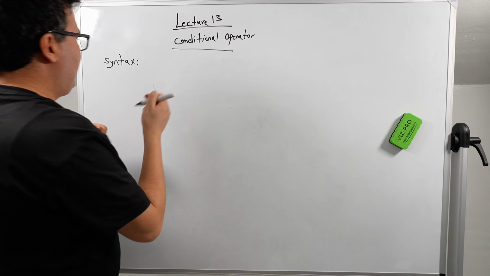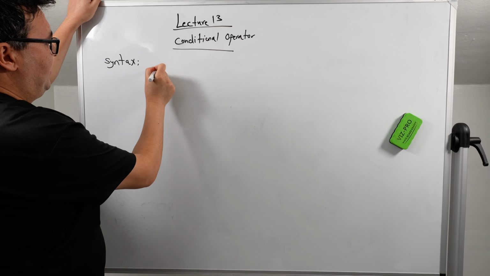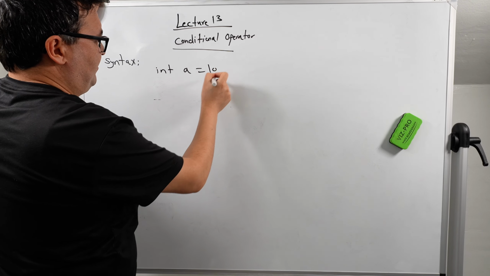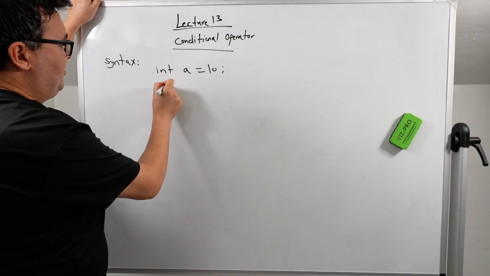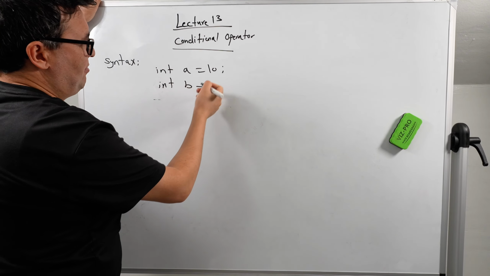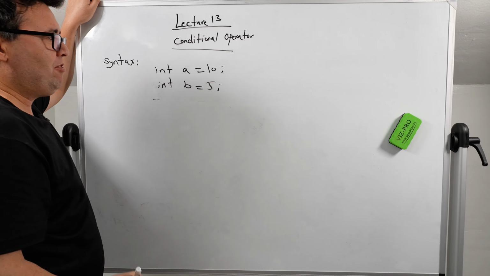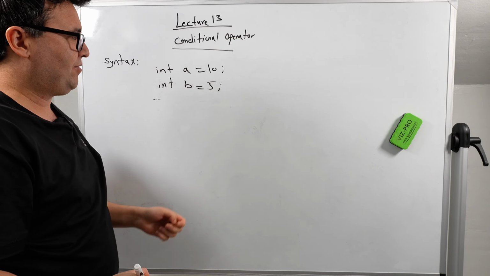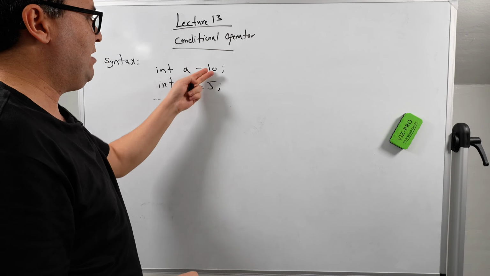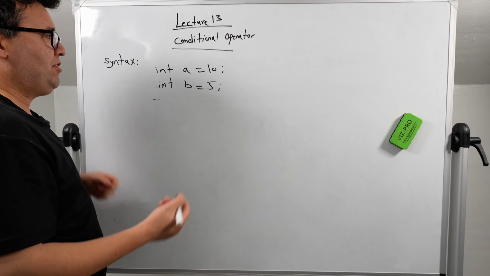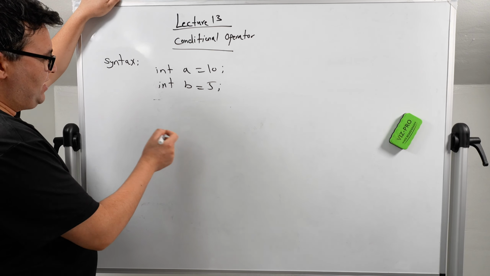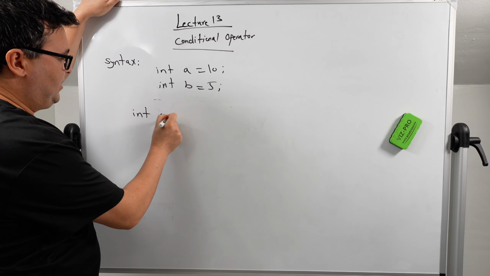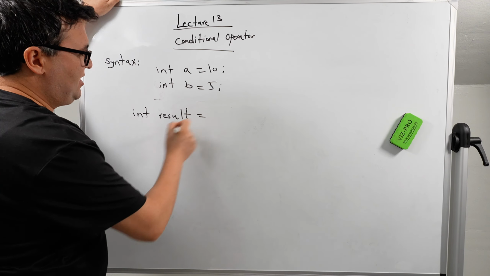If we have two numbers, like integer a is equal to 10 and integer b is equal to 5, and we want to check which number is bigger, the maximum value between these two numbers, we can define integer result is equal.